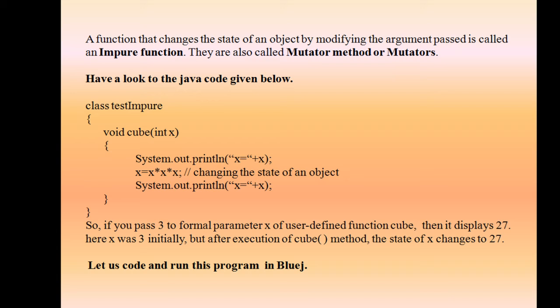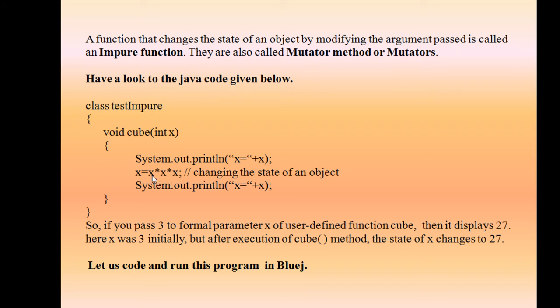They are also called mutators or mutator methods. In my last pure function, I was not changing the value of the variable. Here you see whatever value you pass gets printed. Suppose you pass 3, so it will print x is equal to 3.